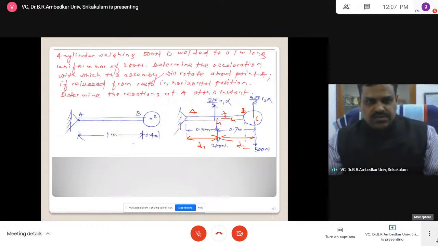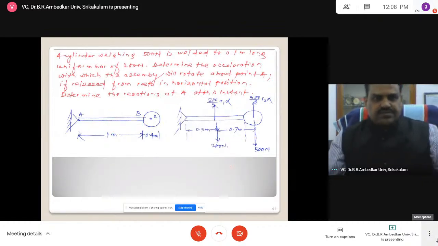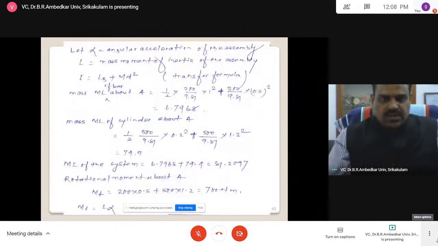The total distance is 1 meter. This is the center of gravity, the midpoint, 0.5, up to this plus 0.2, so 0.7. These are the distances given. Now find out the mass moment of inertia of bar A, which is one-third m L square.